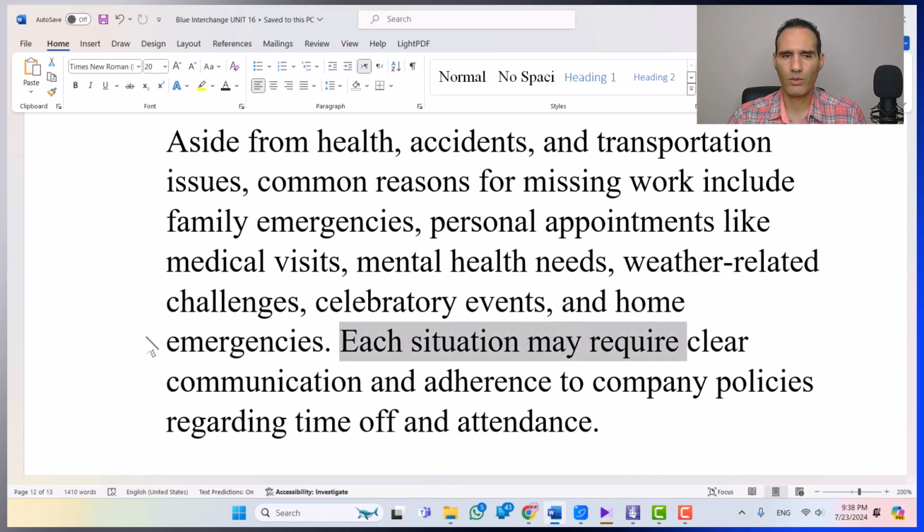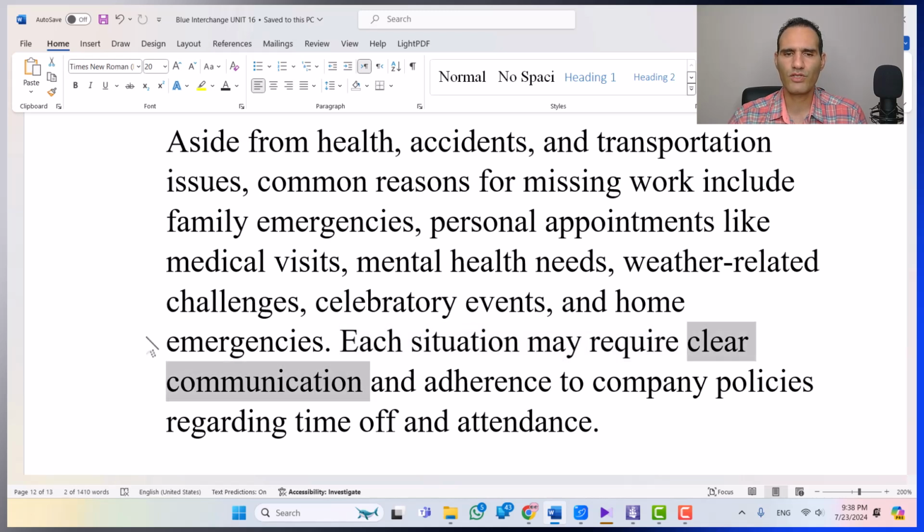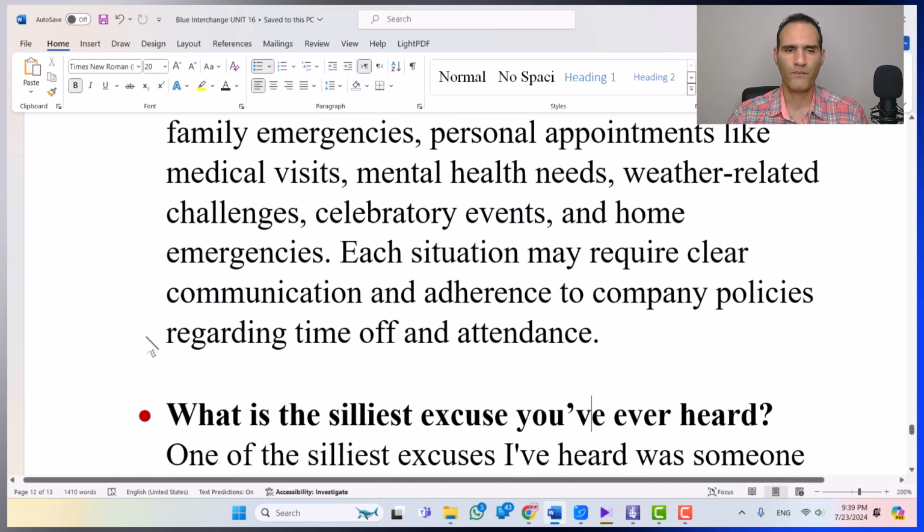Each situation may require clear communication. Clear communication is the key for solving all the problems. And adherence to, or stick to, or follow, here it means follow, company policies regarding time off and attendance. Time off means the time you're not working. Attendance is the time that you go and work.